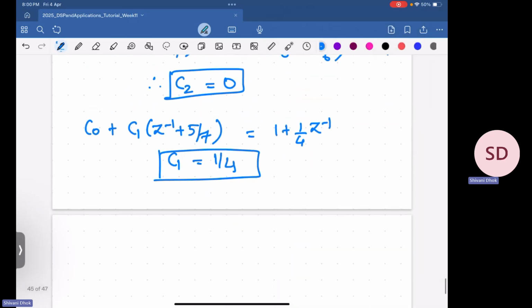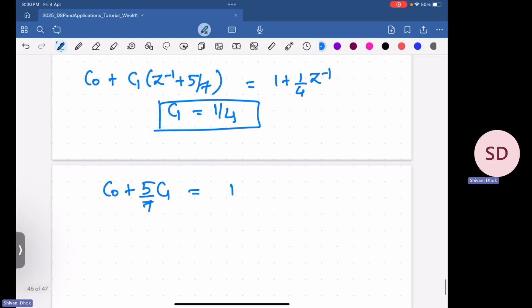And in order to get the value of C0, we'll compare the constants on both the sides. So what we get, C0 plus the constant term, 5 by 7 C1, which is equal to 1. And C1 we have obtained as 1 by 4. So C0 is equal to 1 minus 5 by 7 into C1, and C1 is equal to 1 by 4.